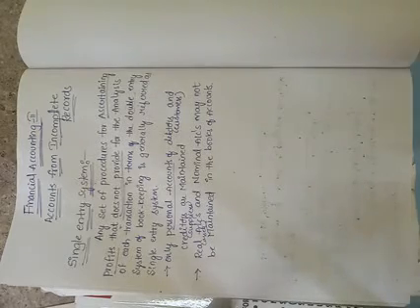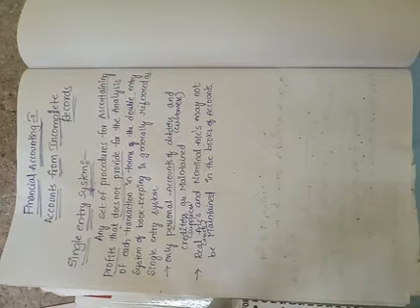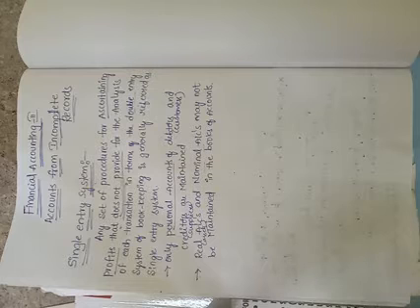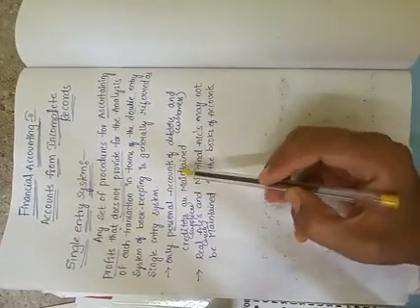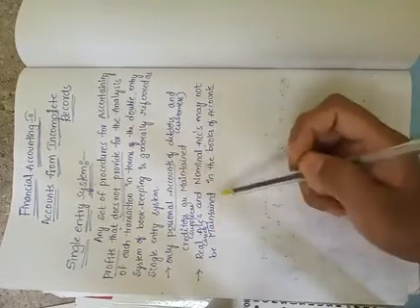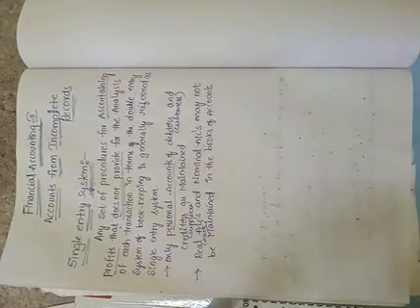The next is nominal accounts. Nominal accounts are related to expenses, losses, incomes and gains. So under the single entry system we will take only personal accounts. Real and nominal accounts may not be maintained in the books of accounts.